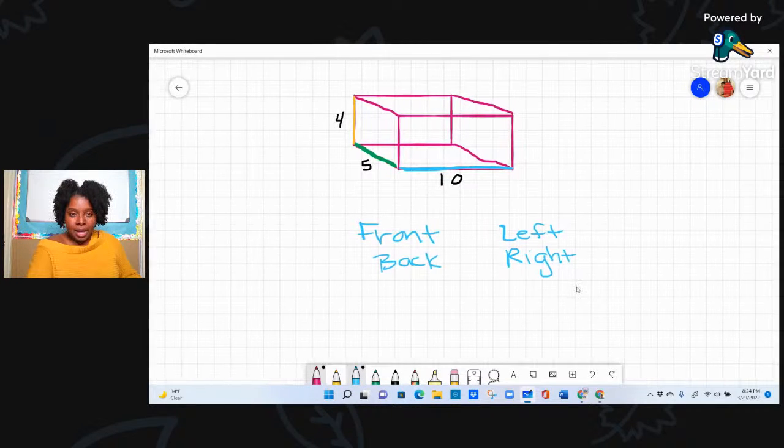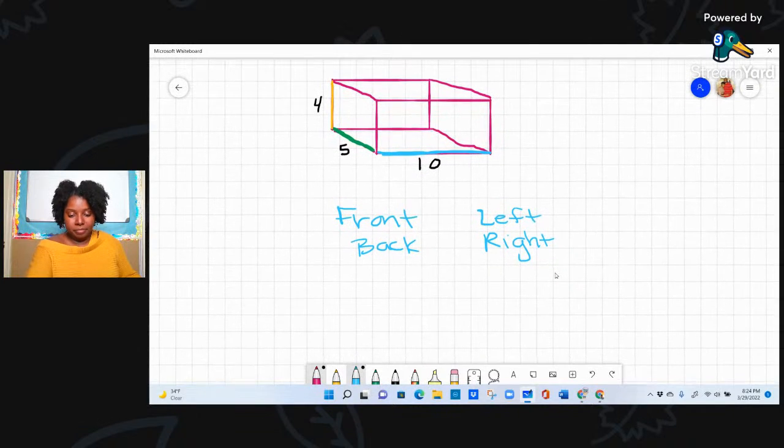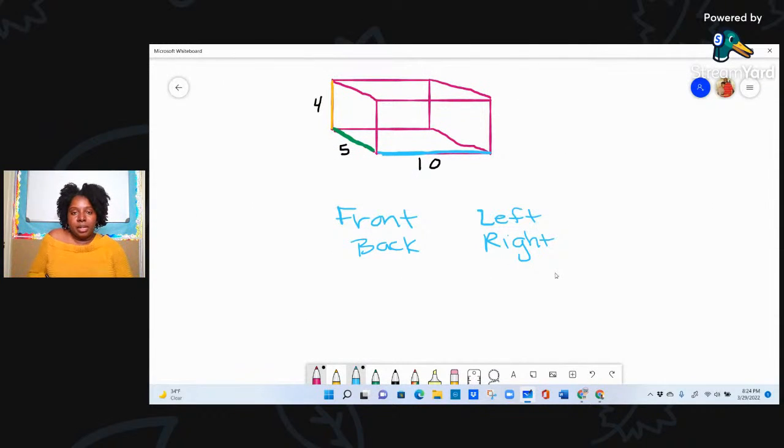Let me write a little bit smaller. So we have front and back. We're just finding the areas of each of these.